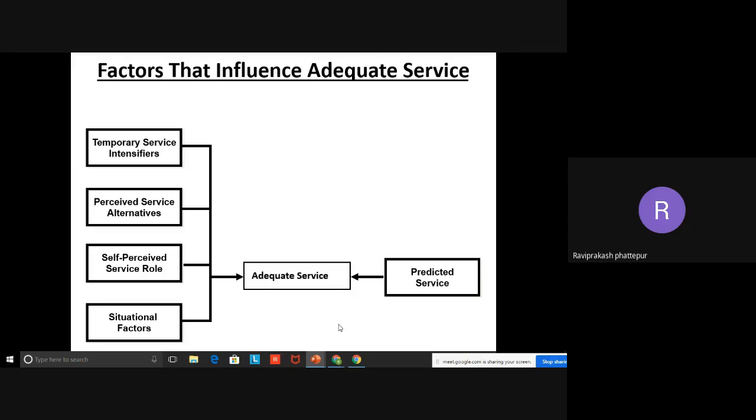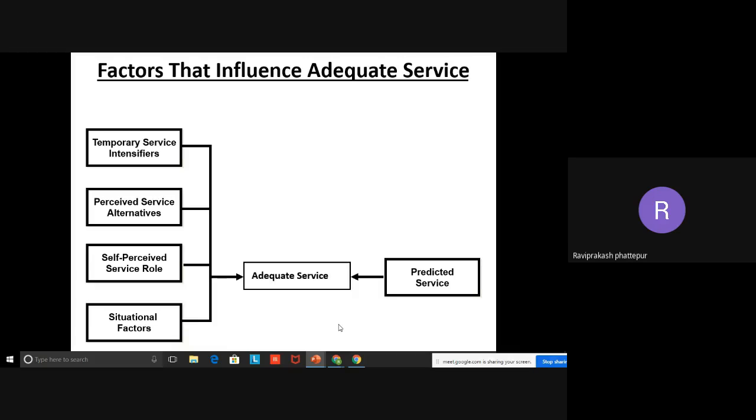Next, the third factor affecting the level of adequate service is the customer's self-perceived service role. What do you mean by this? We define this as customer perceptions of the degree to which customers exert an influence on the level of service they receive.